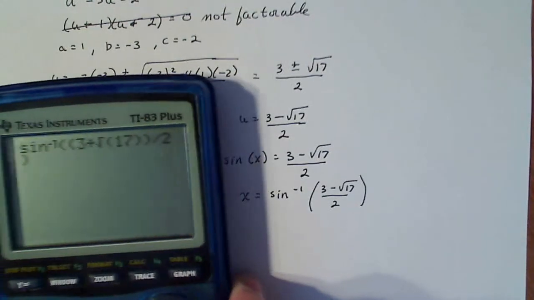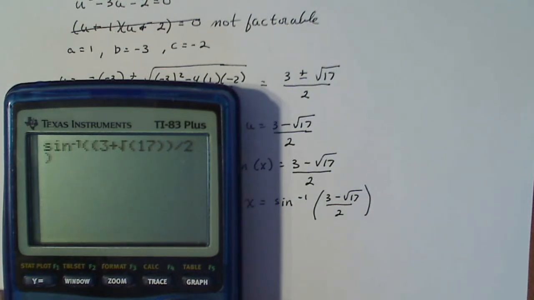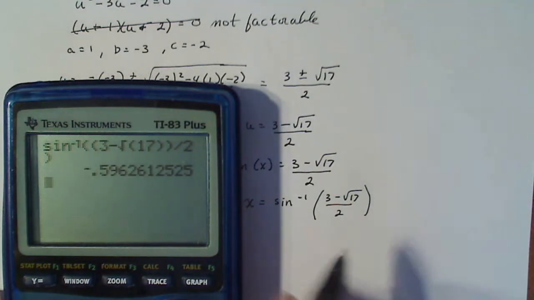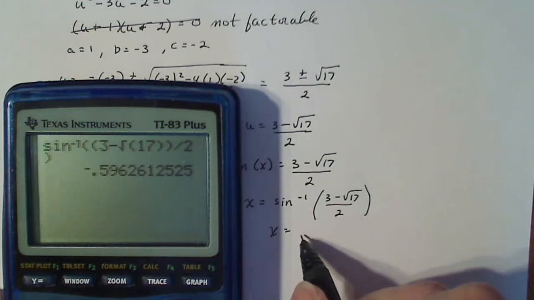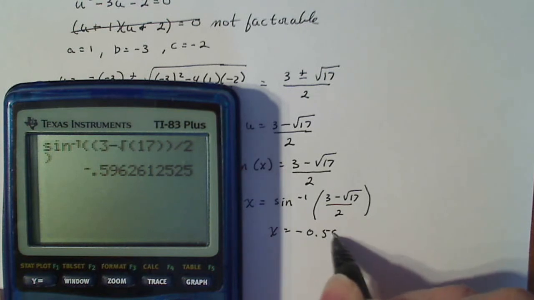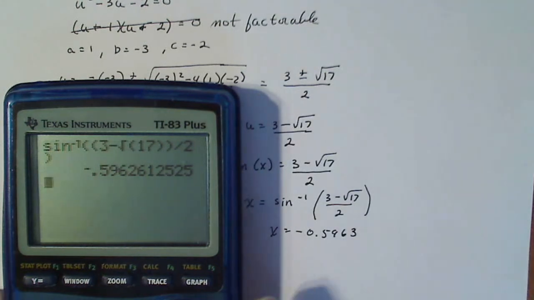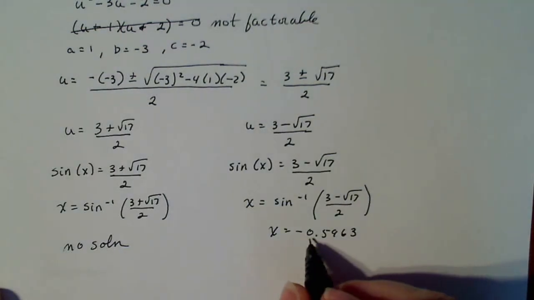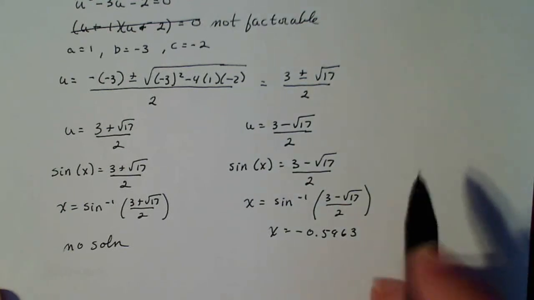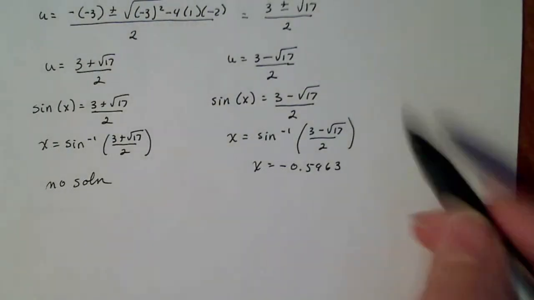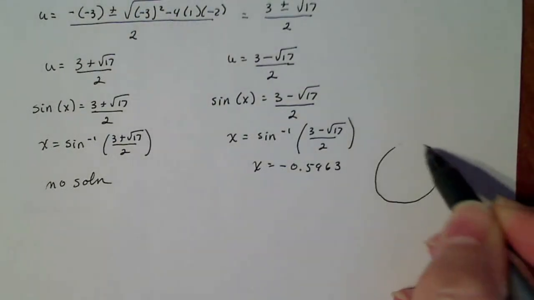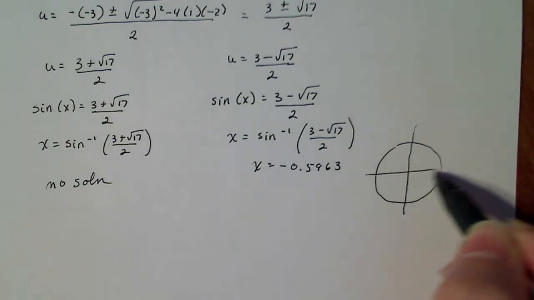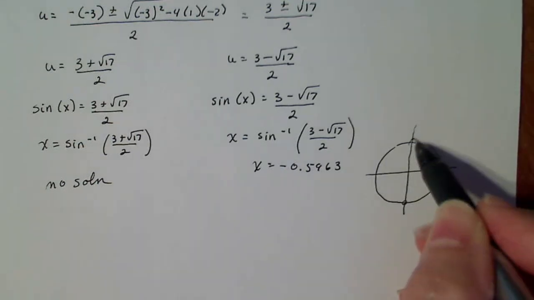Now the other one, I'm just going to go back to this and just change that sign from plus to minus. And I get the number x equal to minus 0.5963. Okay, now technically speaking, this angle minus 0.5963 isn't in the interval from 0 to 2 pi. How do I know that? Well, if I draw my unit circle here, I know that sine inverse is defined from minus pi over 2 to pi over 2.